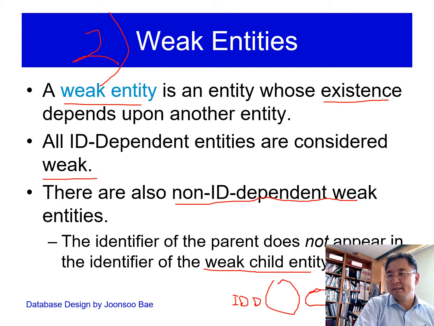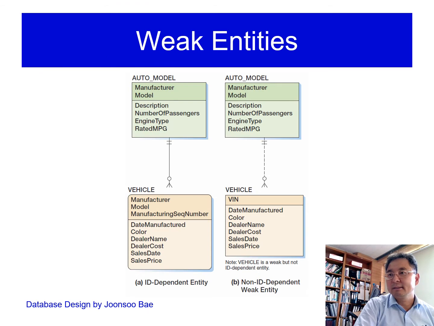So we can say it's a subset. ID dependent entity is a subset of weak entities. Okay, so those are the weak entity types. We can go on. Comparison of ID dependent entity and non-ID dependent weak entities. Yes. So auto model. My auto model is Sonata.